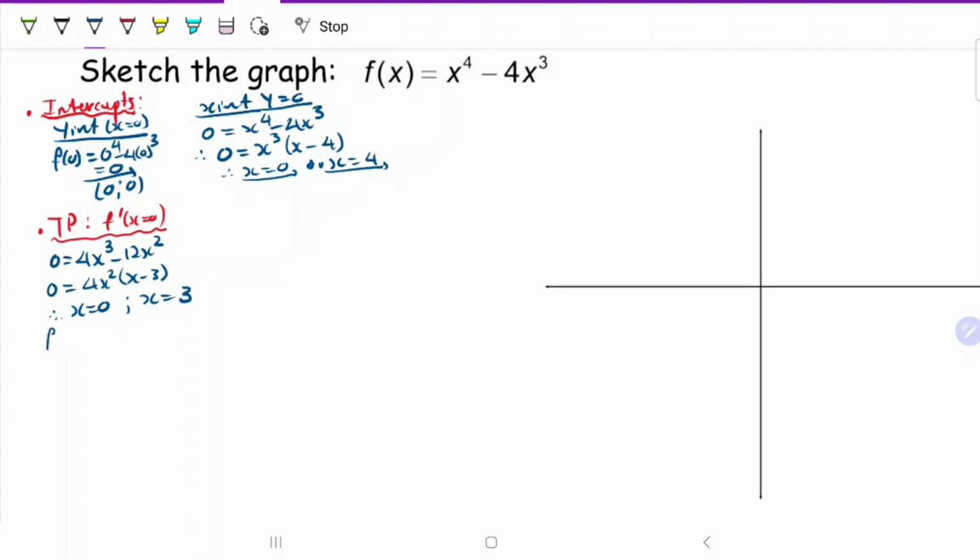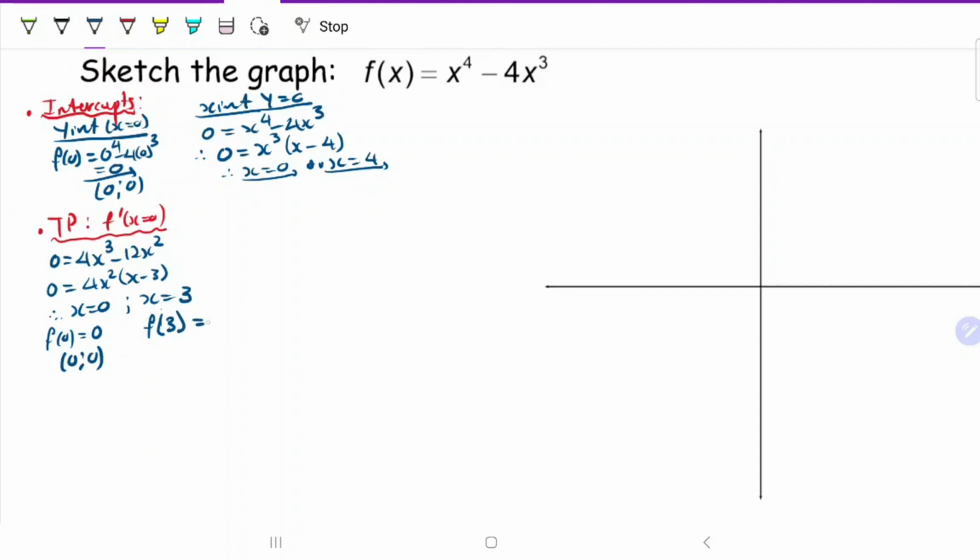To find the corresponding y values, we'll go f of 0. We've calculated that before: f of 0 equals 0. So we've got the point (0, 0) as a turning point. Then we'll work out f of 3, not the derivative, but f of 3.